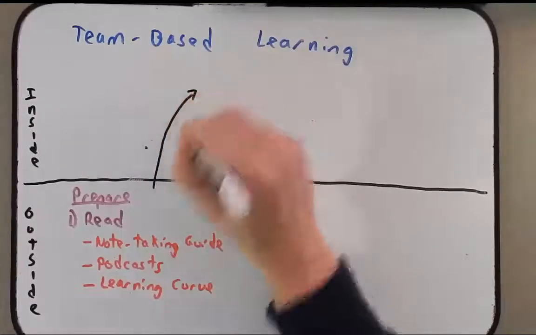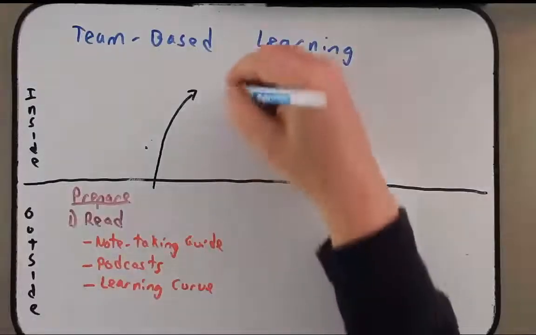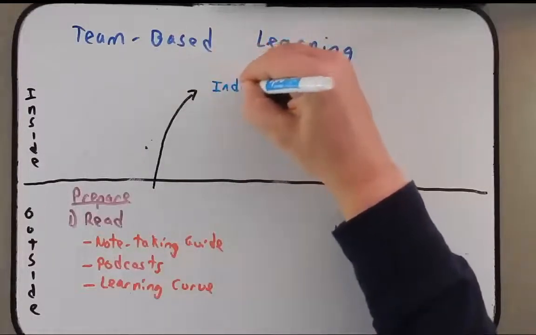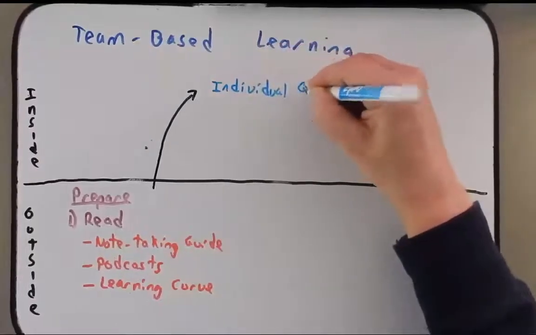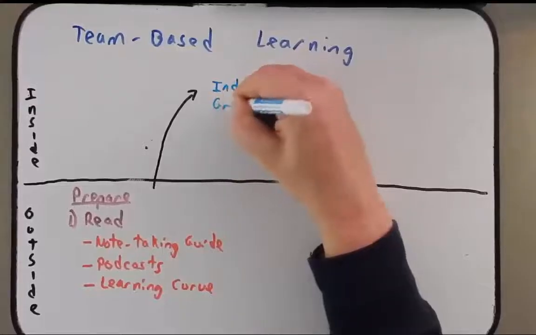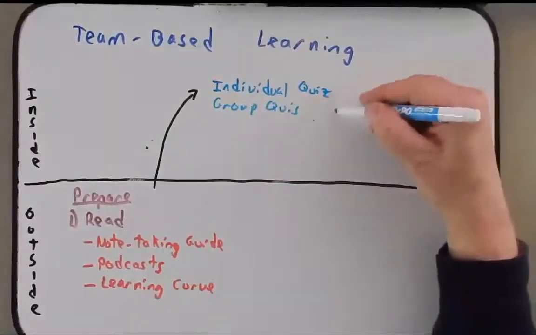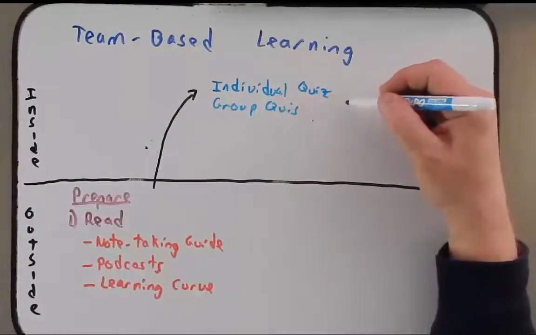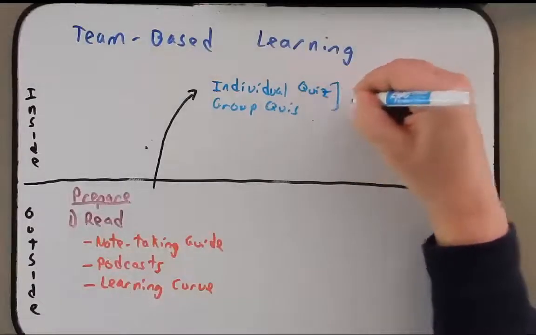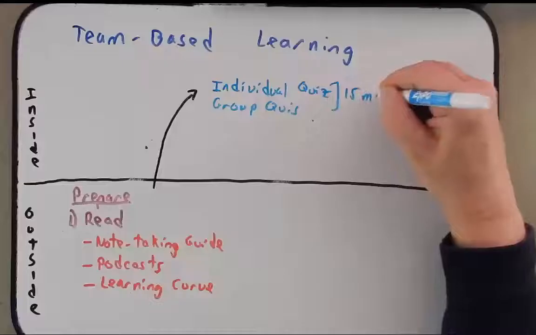Now, once you come to class, the very first thing we will do is take an individual quiz. After the individual quiz, you will take a group quiz. Each of these quizzes is identical, but one you will take on your own and the other you will take as a group. This will typically take about 15 minutes of class.